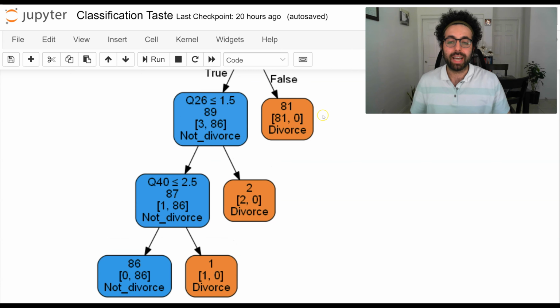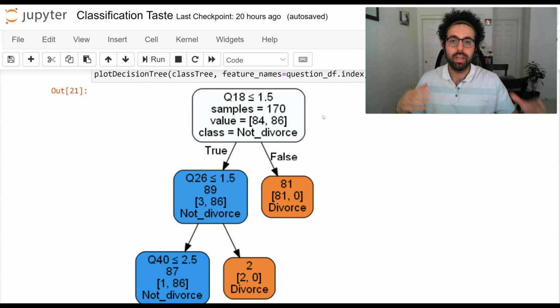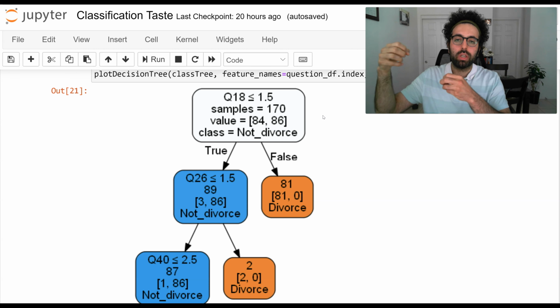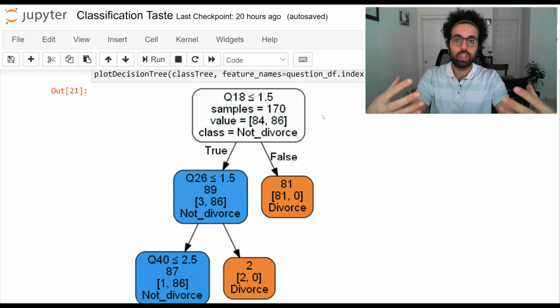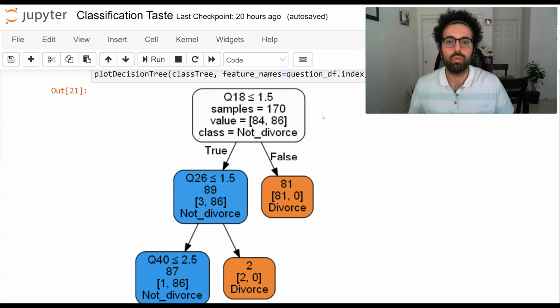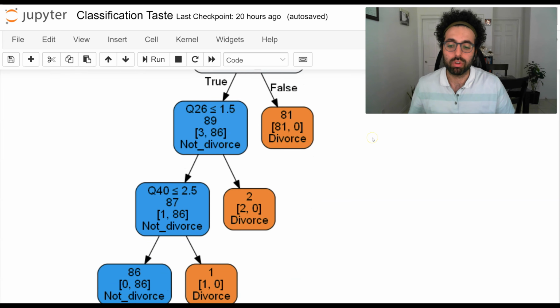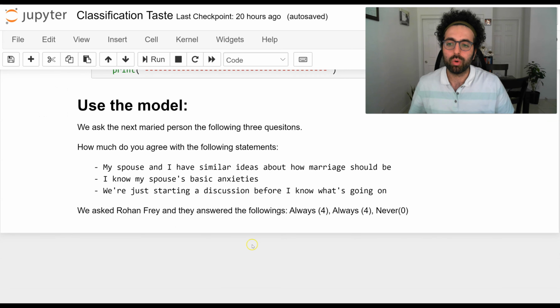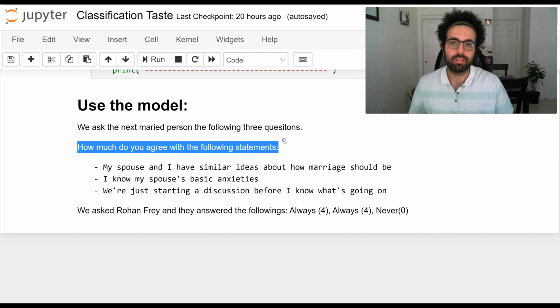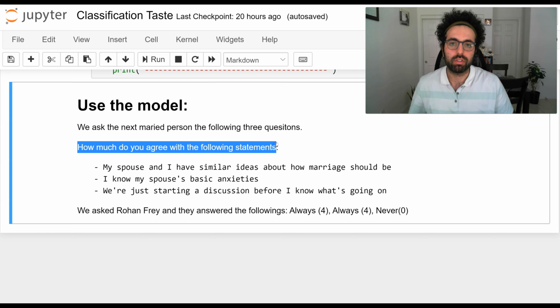But that's beside the point. The point here is that the classification algorithm finds the relationship between these independent variables and the dependent variable, and packages this relationship, this pattern, for you to use for classification. So let's say we have a new couple. They come and we ask them how much they agree with the following questions.